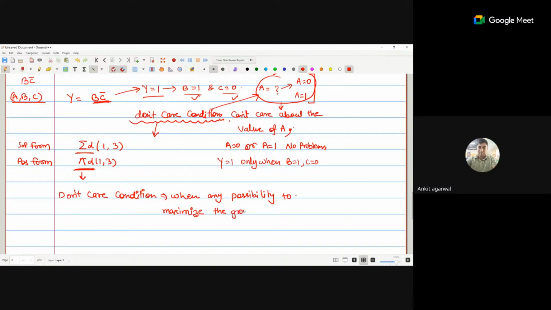If we want to maximize the group size, we can use the don't care condition. Some don't care conditions where there is no effect to maximize the group size, we don't consider.